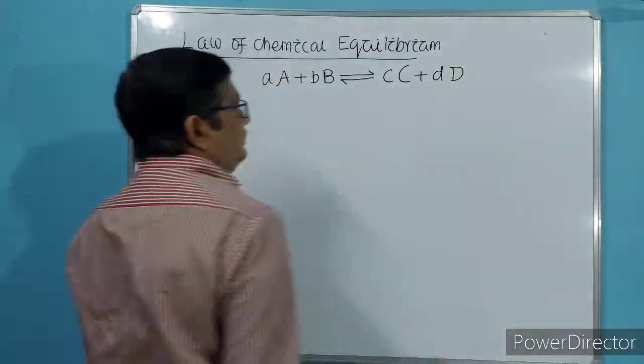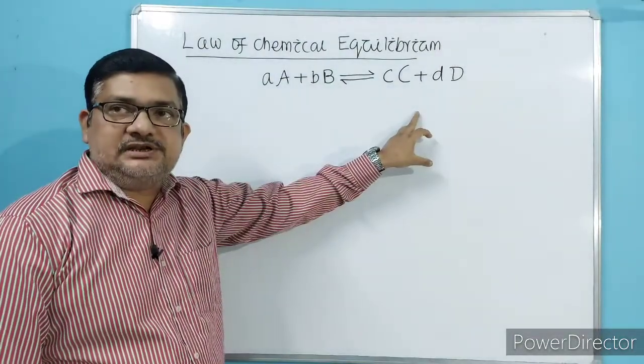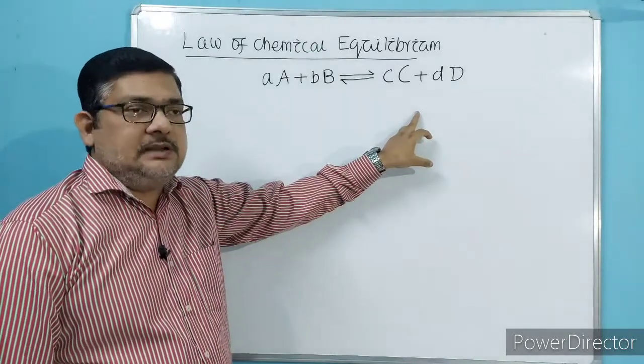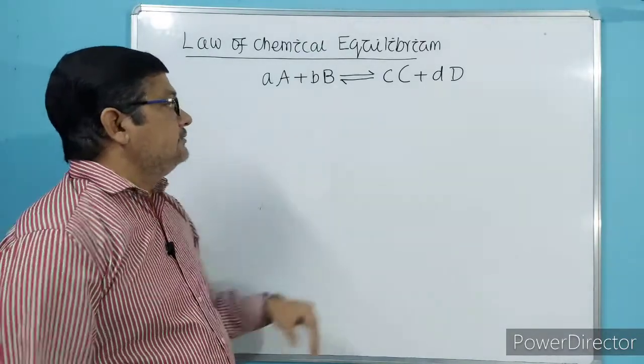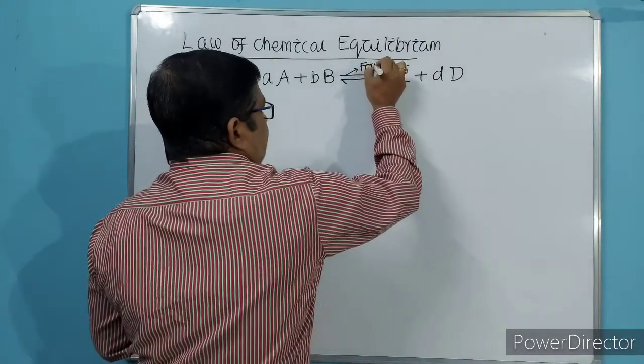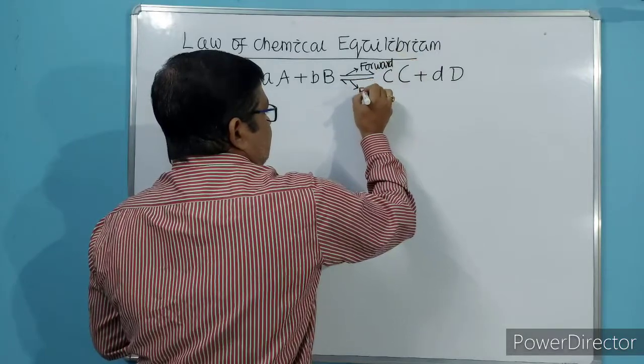I have already told you what these small a, b, c, d mean. They are the stoichiometric coefficients, which give you the number of moles in a balanced chemical equation. Okay. So this is the forward direction, and this one is the backward direction.